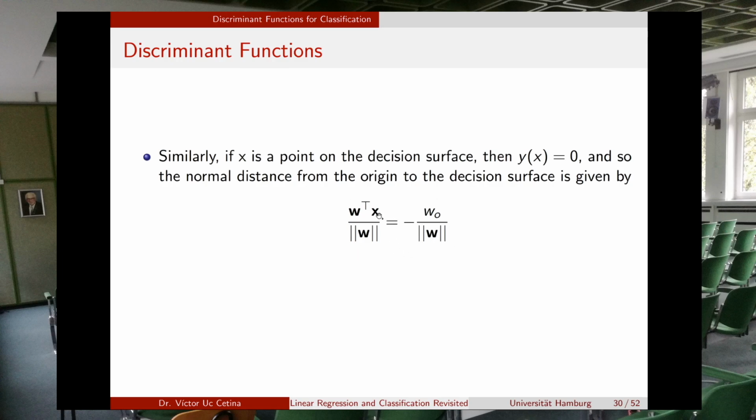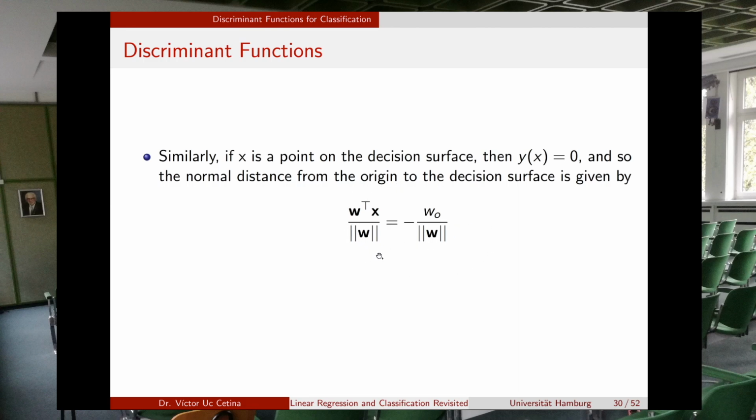First, we're simply taking the definition of the linear function, which is w times x plus w0 equals 0, and then we're moving the bias to the other side. Once the bias is on the other side, we simply divide both sides of the equation by the norm of w, so the magnitude of the vector of parameters, and we obtain this expression.